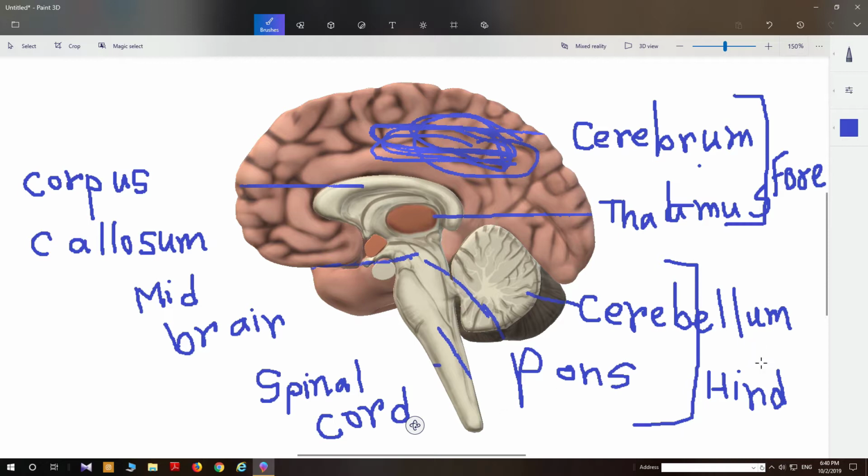And the last one, this is the hindbrain. The hindbrain consists of the cerebellum, pons, and medulla oblongata. The cerebellum is located at the back part of the pons.